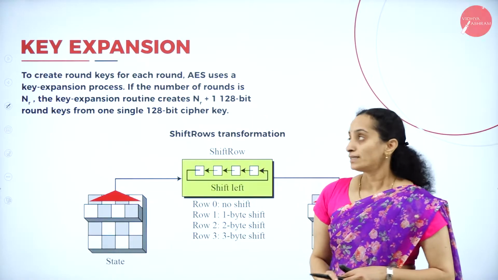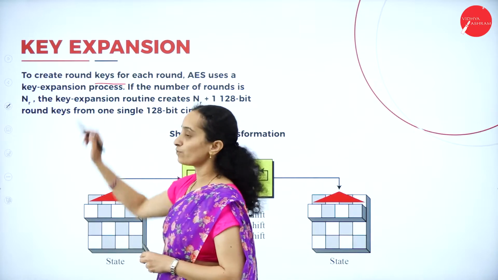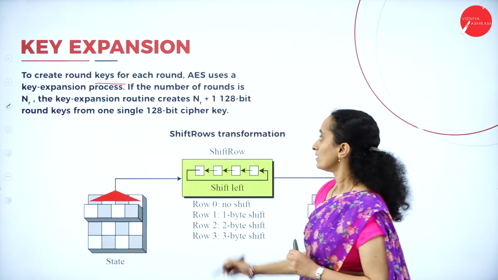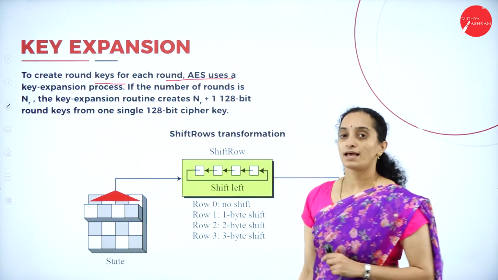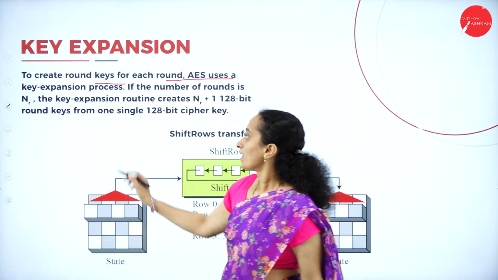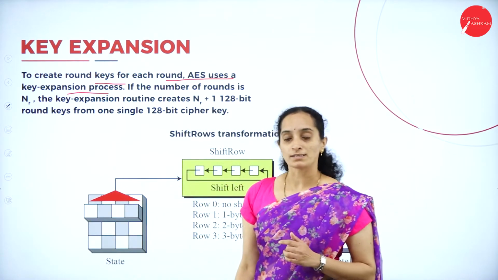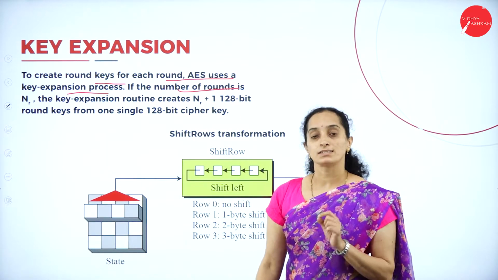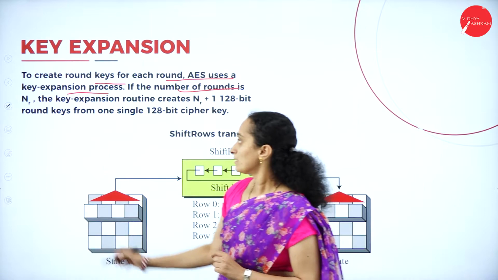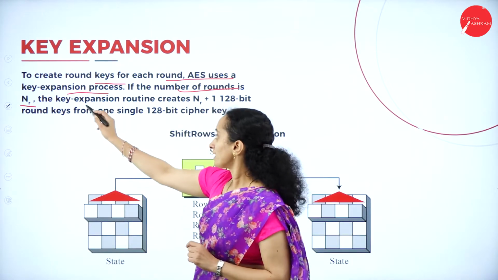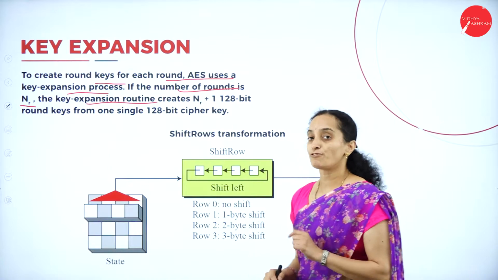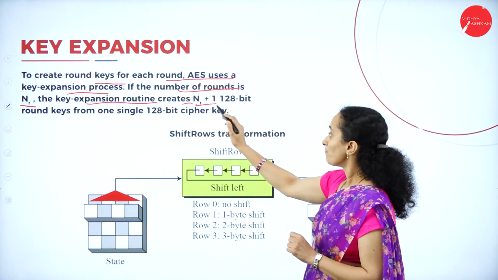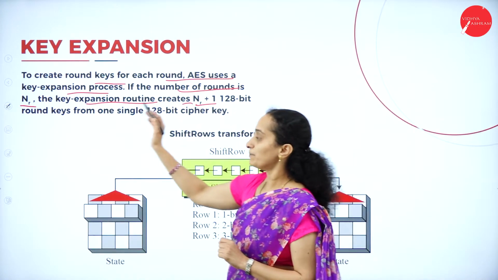The key expansion is all about creating the round keys. You need 128 bits of round keys, isn't it? So, for each round, the AES cipher uses the key expansion process. That means how you are expanding the round key is, if the number of rounds is Nr, the key expansion routine that we follow in AES creates Nr plus 1, 128-bit round keys.